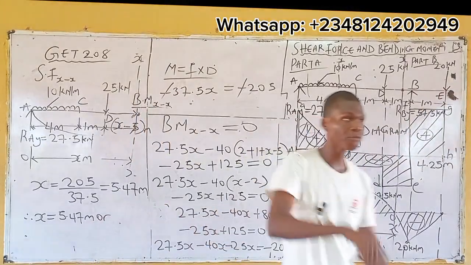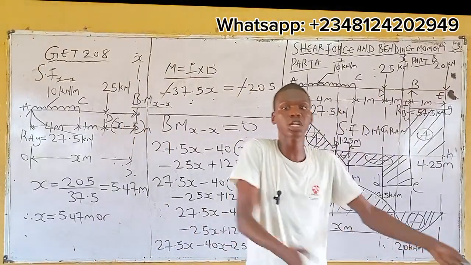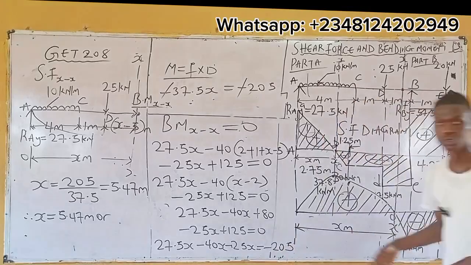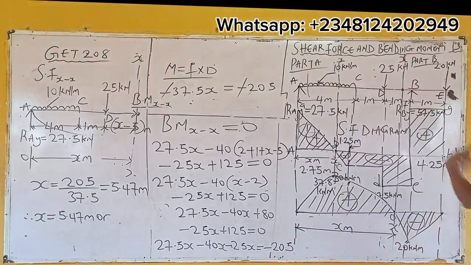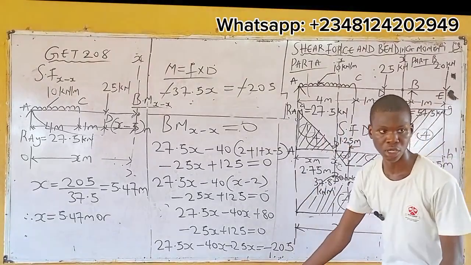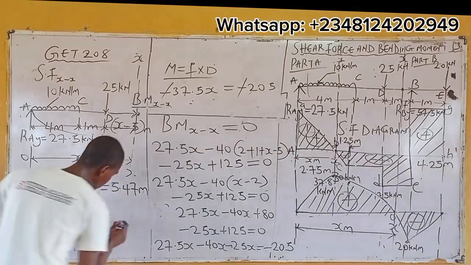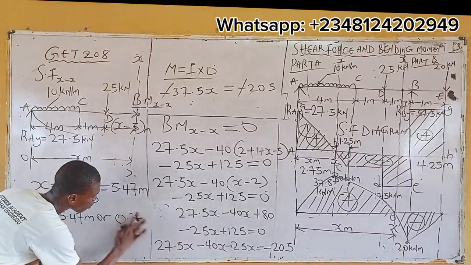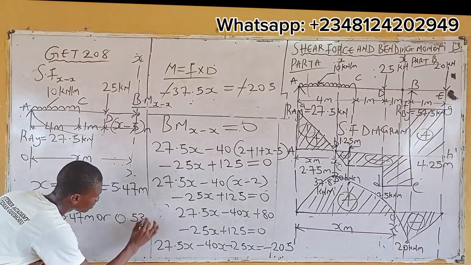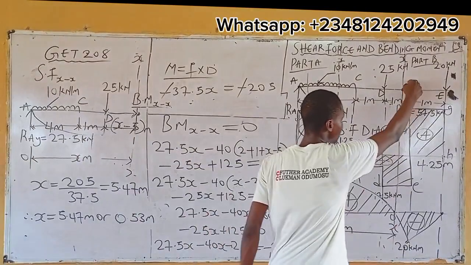I want to write: therefore, the location of the point of contraflexion occurs at a distance of 5.47 meters from the left hand support, or 0.53 meters from the right hand support. You consider this B, right?